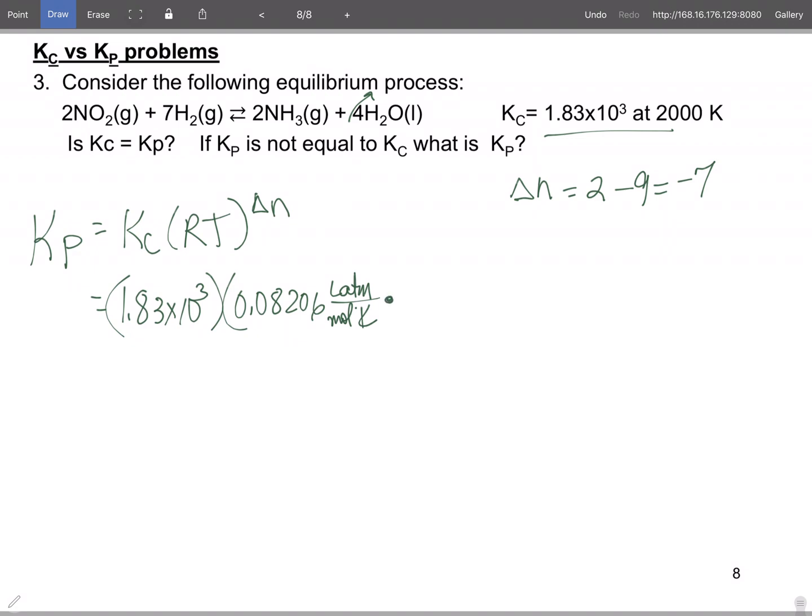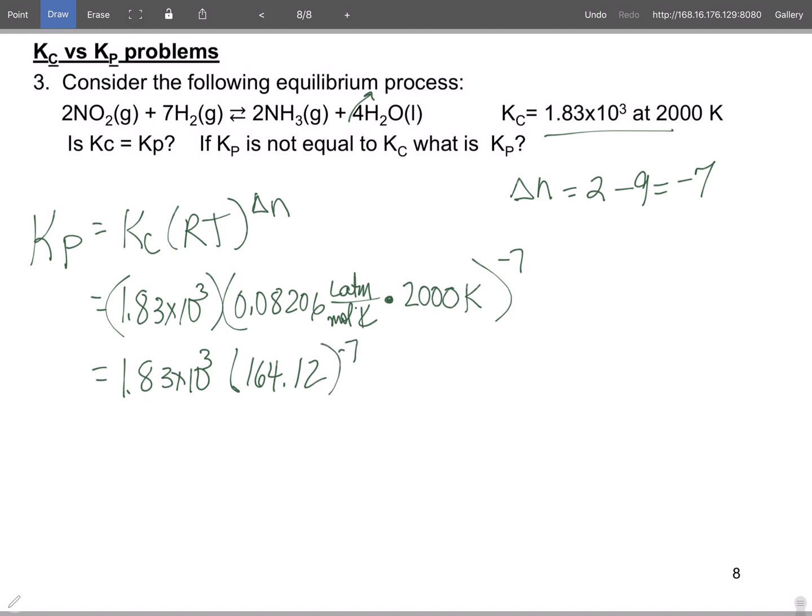No, but I always do because A, it makes me feel better, and B, it makes sure that I'm in Kelvin, and this one was given in Kelvin, and we're going to raise it to the 7th.